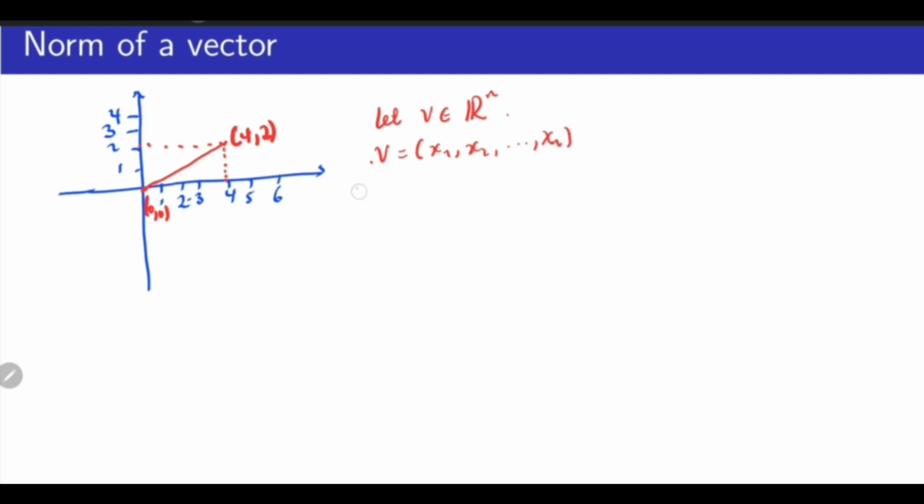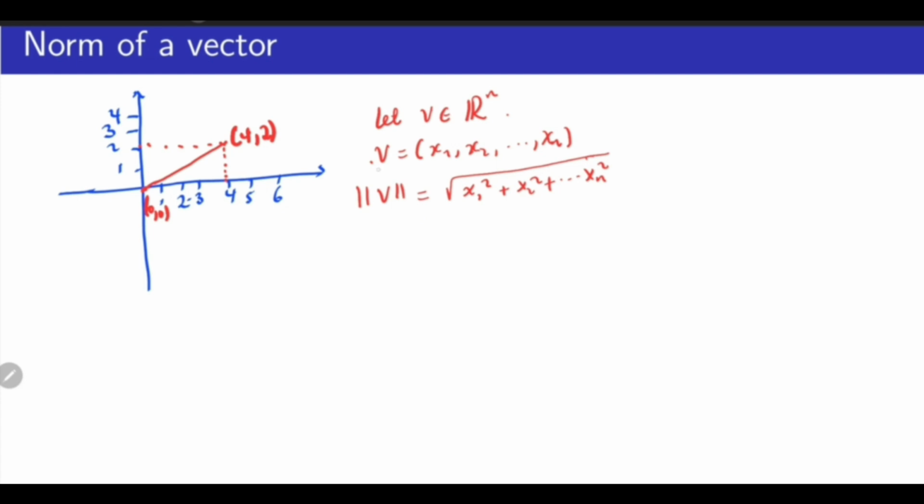Then the norm of the vector, represented by norm of V, is given by the square root of x1 squared plus x2 squared plus up to xn squared. So this is the formula for the norm of a vector.